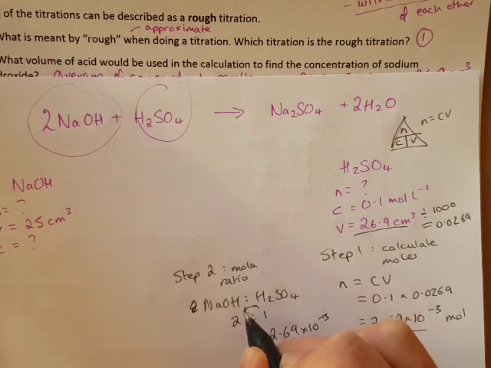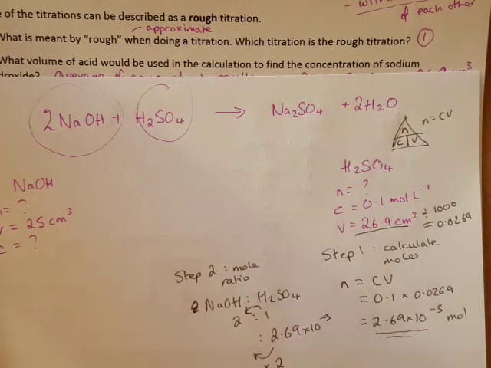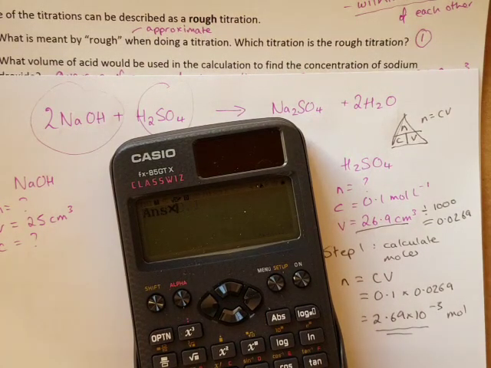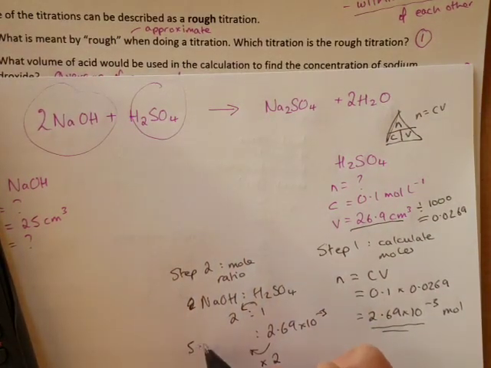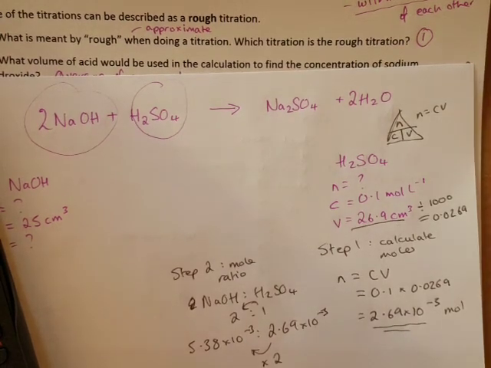To get from 1 to 2, I need to times by 2. So for this one here, I need to times it by 2. Again, I've left it in my calculator, so I just need to press times 2. It makes it a bit quicker. And then I've got 5.38 times 10 to the minus 3 moles.